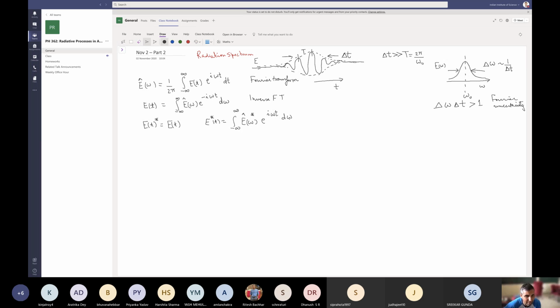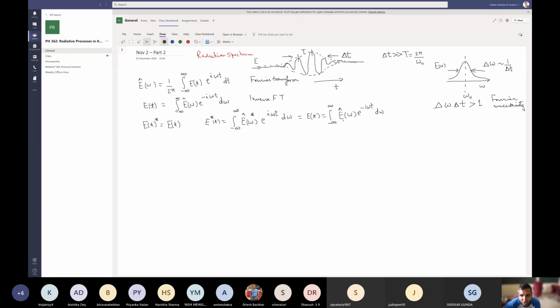So t and omega are real, but E and E hat can be complex. If E star of t is equal to E of t, then this is equal to the integral from minus infinity to infinity of E hat omega e to the minus I omega t d omega, right?